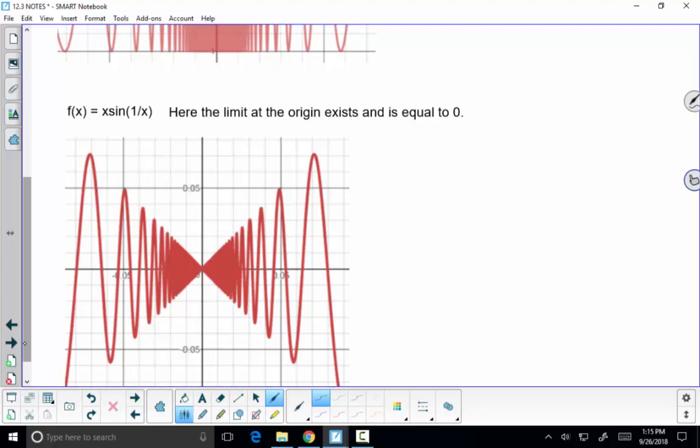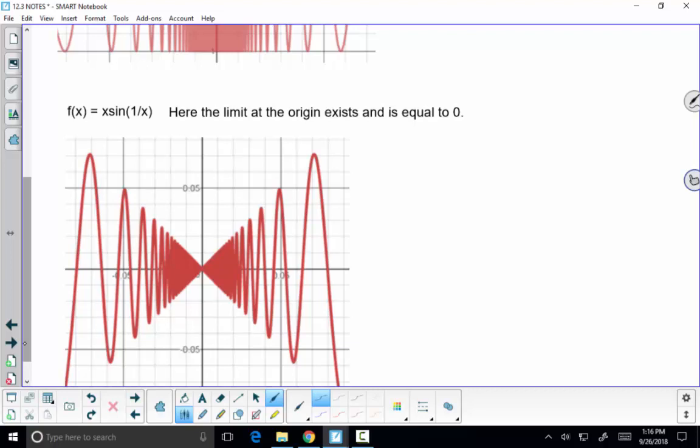So here, sine of 1 over x times x, that multiplication of x is enough, and it drags the y values to the origin. So this is one where the function is not defined at 0, because you have 1 divided by 0, but this function has a limit and is continuous at the origin.